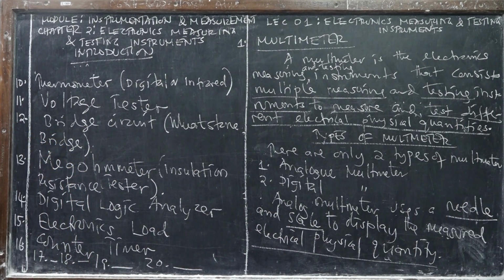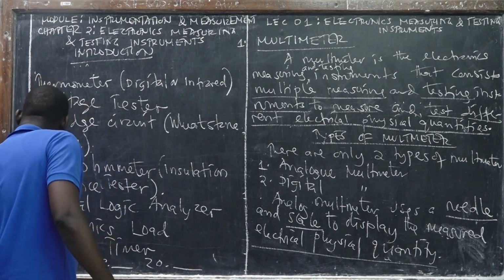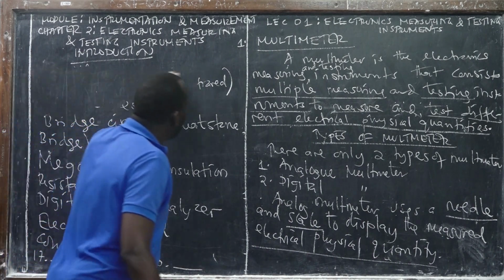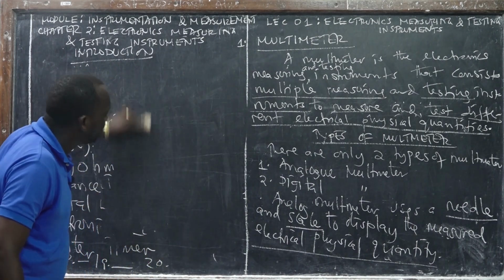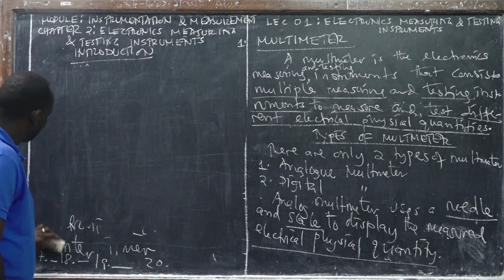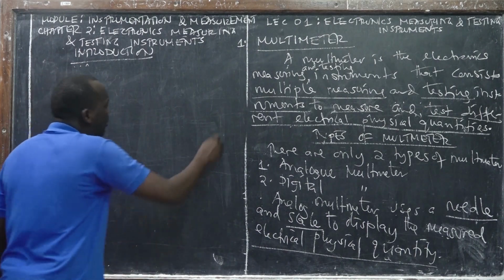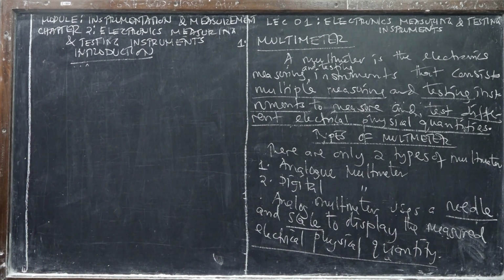In most cases, the analog multimeter's structure or architecture consists of a number of analog circuits. We differentiate analog and digital multimeters according to how they display the reading.